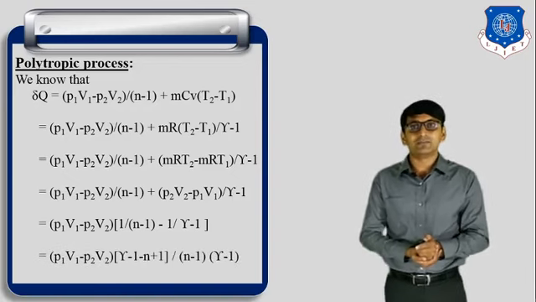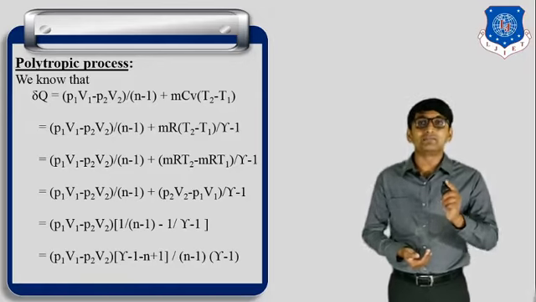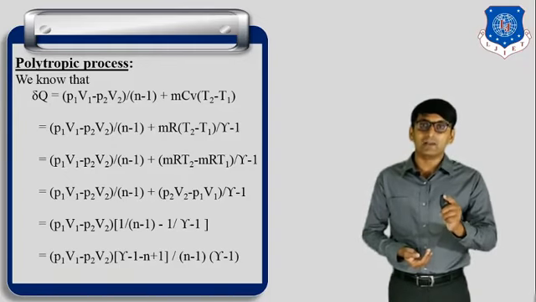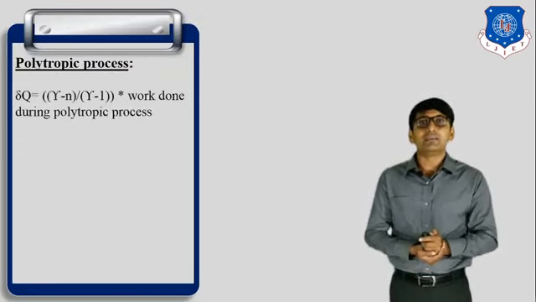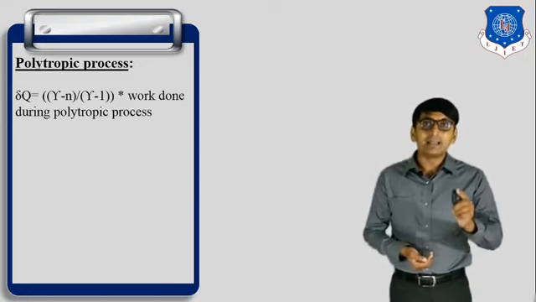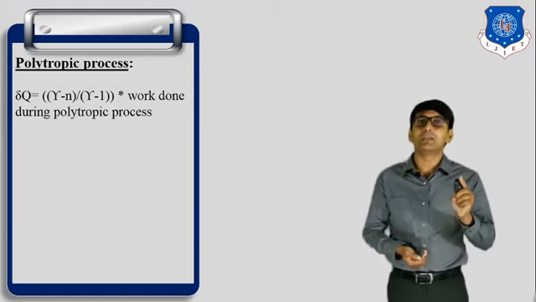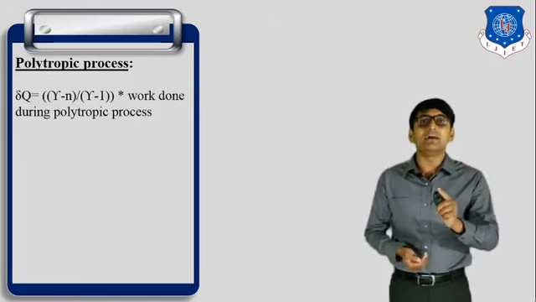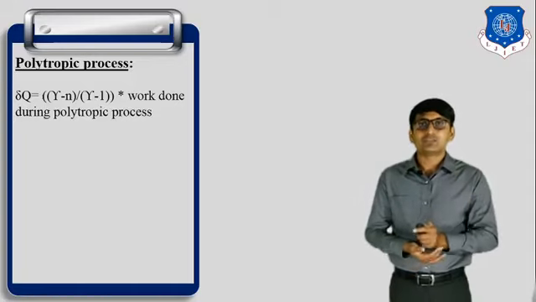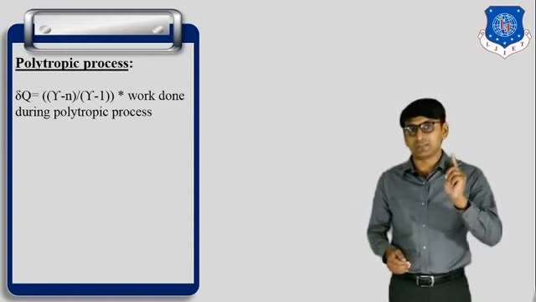So we get (P1V1 - P2V2)[(gamma-1-n+1)/((n-1)(gamma-1))]. So in the last step, delta Q = (gamma-n)/(gamma-1) times the work done during the polytropic process, and that is equal to (P1V1 - P2V2)/(n-1). So this is the last equation of heat transfer in the polytropic process.